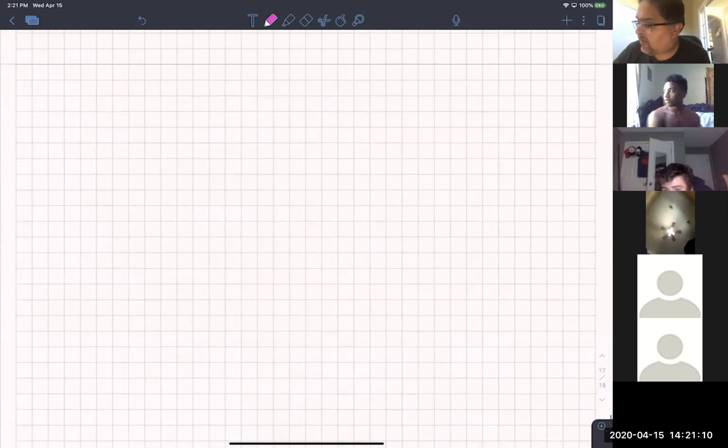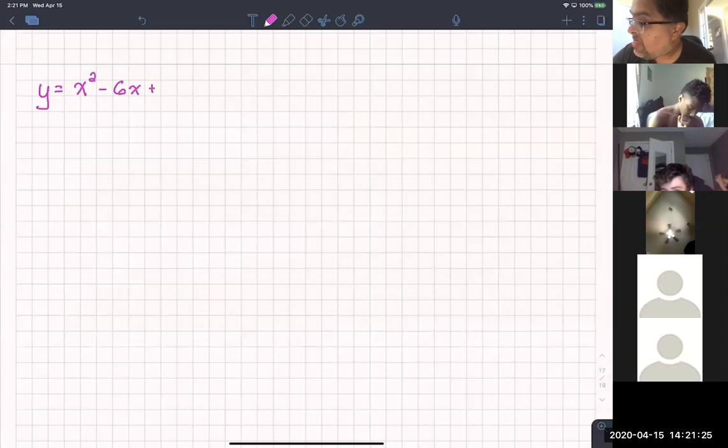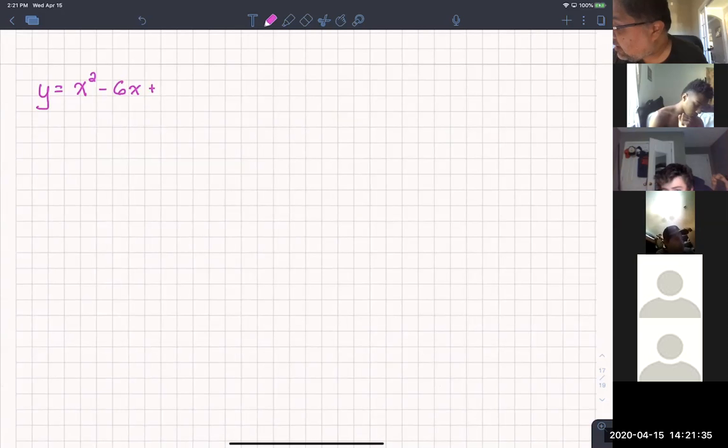So let's do an entire problem. Let's look at y equals, say, x squared minus 6x plus 9. All right. Okay, let's do another one. Let's not do plus 9.